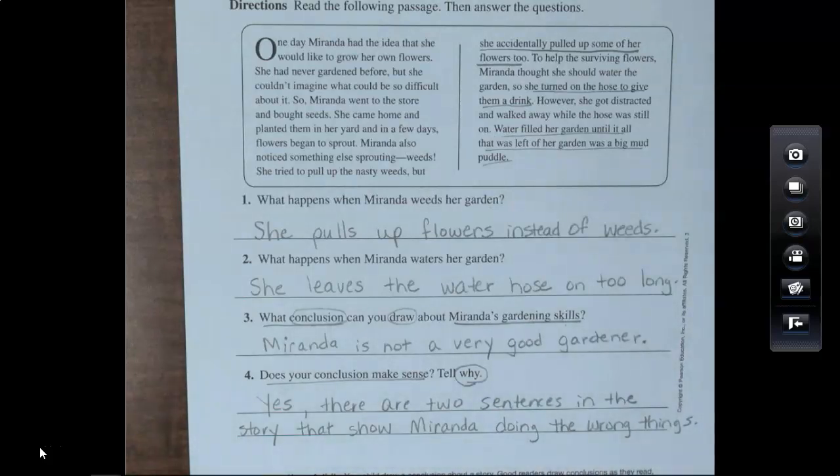That's not a good thing. And you can't flood them out with water. So Miranda at this point, maybe she'll learn. But we drew the conclusion that she's not a good gardener. And we know that that's true because these sentences are details and facts from the story that prove at this point we can draw the conclusion safely that she is not a good gardener.